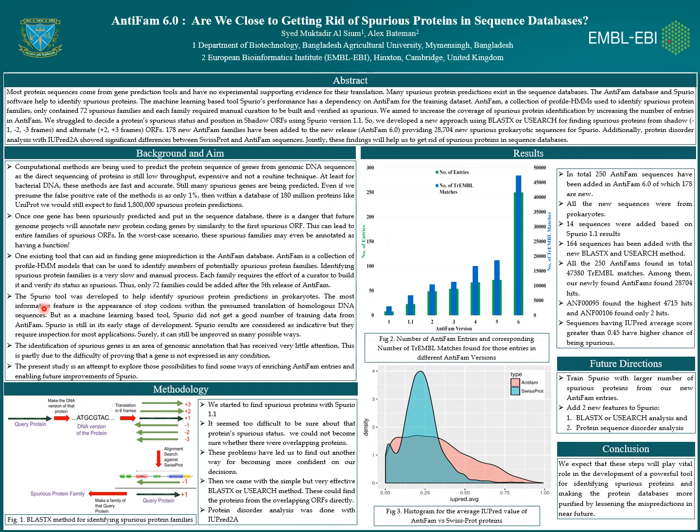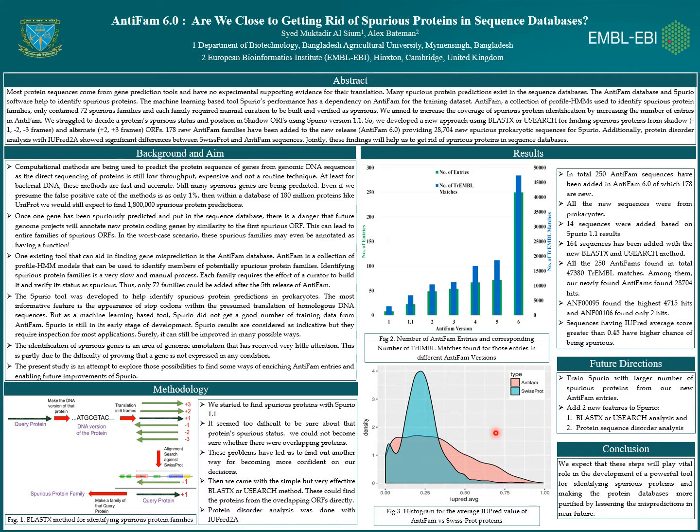It gives a score for each amino acid of the protein where 0 denotes no disorder and 1 denotes high disorder. If we look at this picture, we created a histogram with the average IUPred value of the real proteins and spurious proteins. We can understand very easily that sequences having an IUPred average score greater than 0.45 here, this part has a higher chance of being spurious proteins.